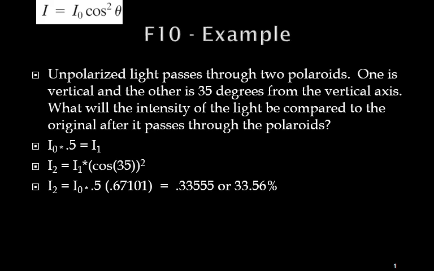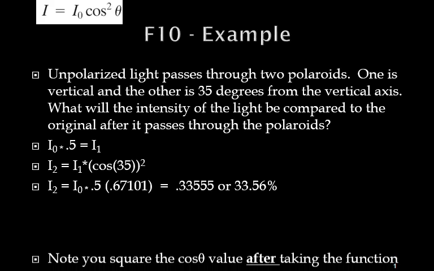So we take the original light, and that's multiplied by half. So half of it's gone, and then we multiply it by 0.67101, and only 33% is going to remain of that original intensity of the light. And it's going to be plane polarized now at an angle, and that angle would be 35 degrees here.